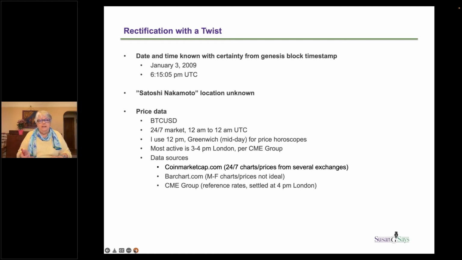Its downside is that it runs only 5-day-a-week charts, Monday through Friday, not Sunday to Sunday. And then the CME group calculates what they call reference rates based on a collection of inputs from several different exchanges.